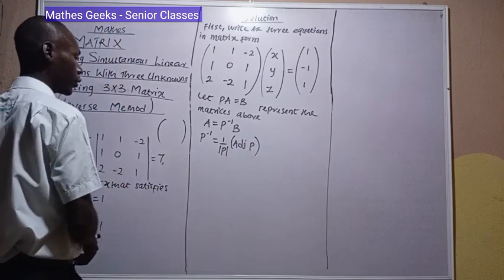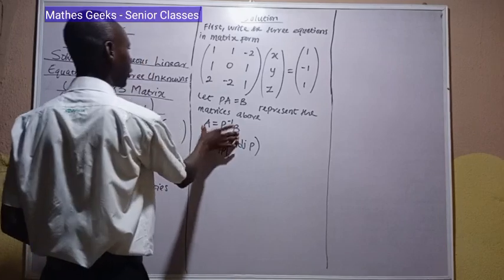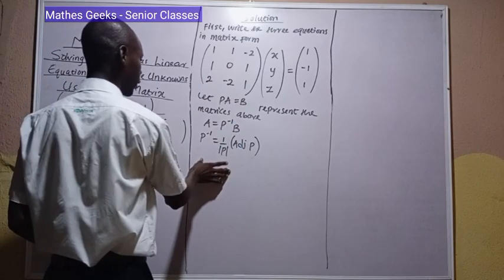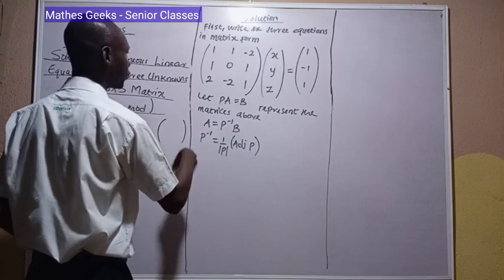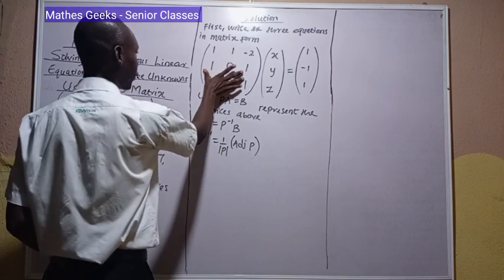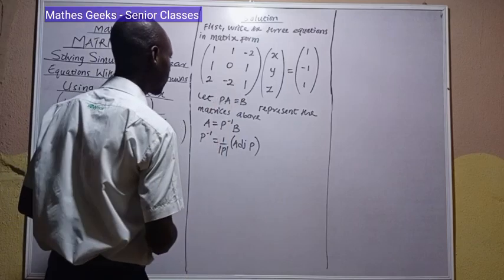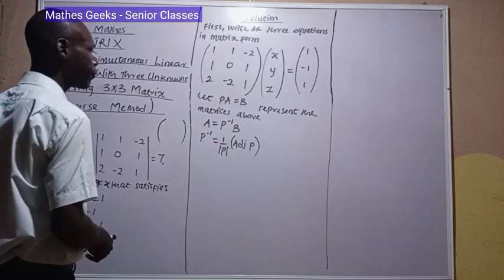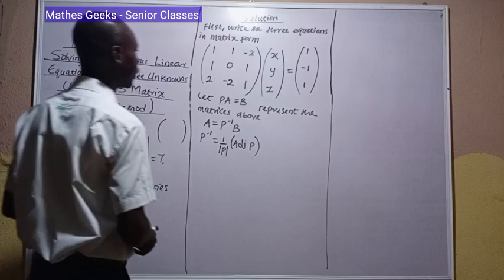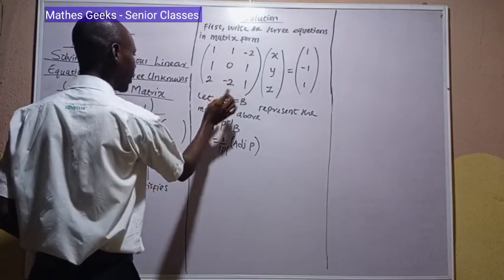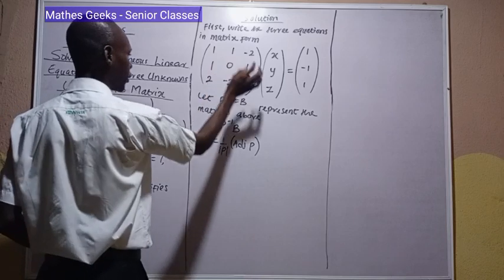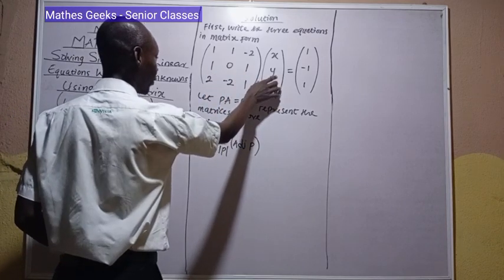I write it like this to make our work easy. It really helps to label these matrices as we work, so that we can identify as we proceed which letter represents which matrix.